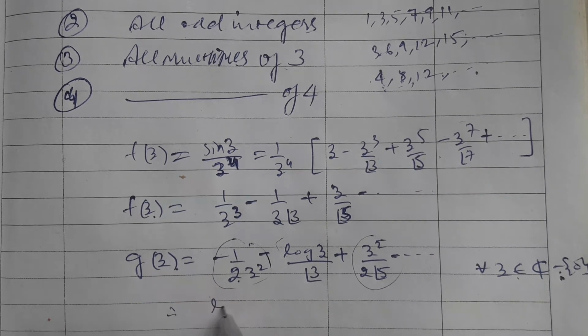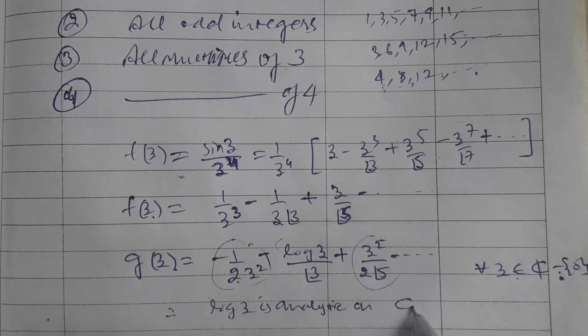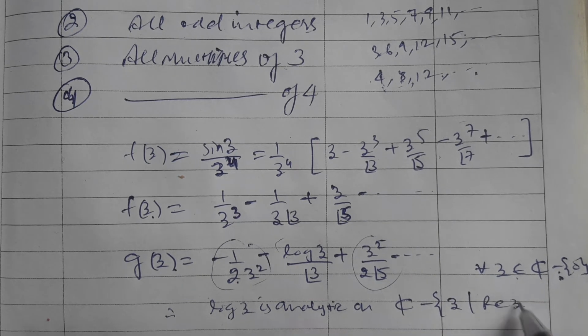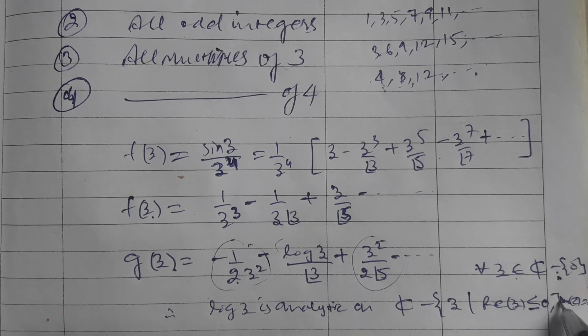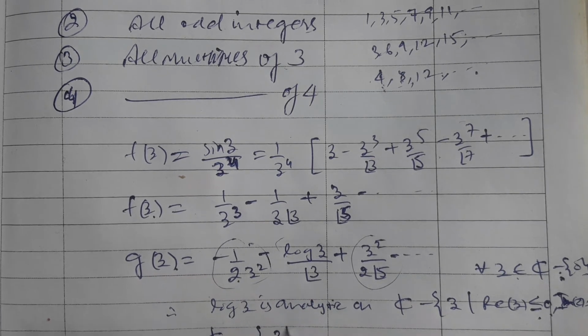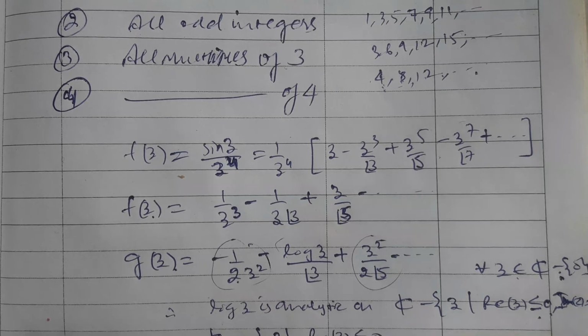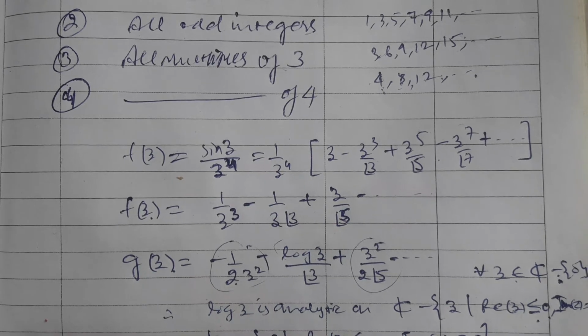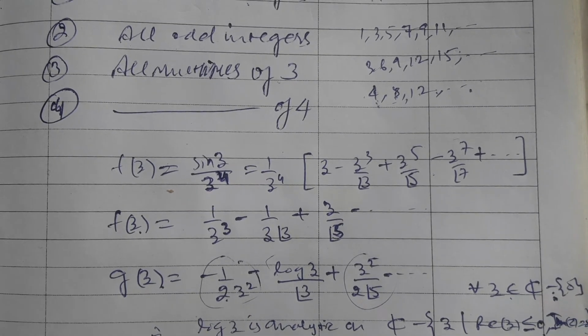Because we know that log z is analytic on C minus all those complex numbers with real z less than or equal to 0 and imaginary z equal to 0. This is the domain of analyticity of log z. The negative real axis is where log z is not analytic.